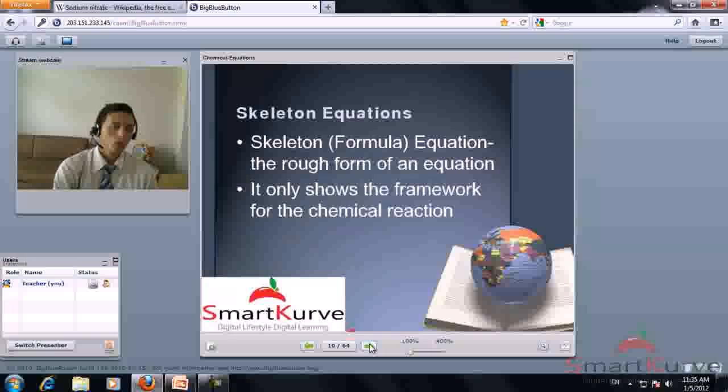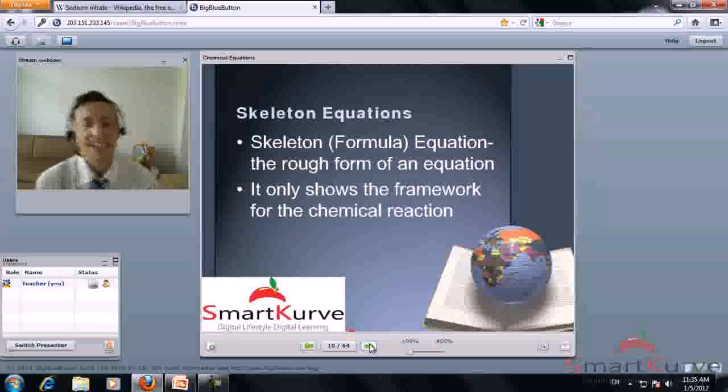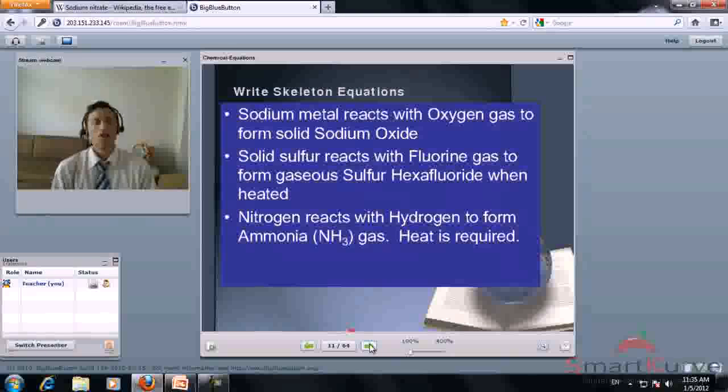All right, so when we talk about chemical equations, let's first talk about the skeleton equation, the skeleton formula. This is a very rough form. It only shows us the elements themselves, or the reactants and the products themselves. It doesn't tell us anything about the ratio. It doesn't tell us anything about how much. Here's an example.